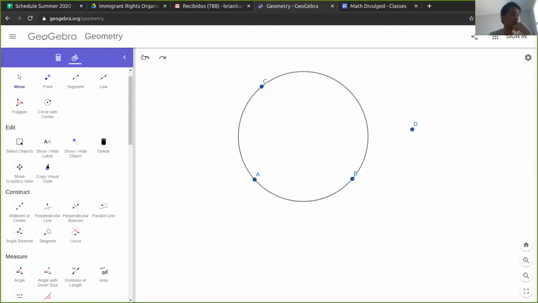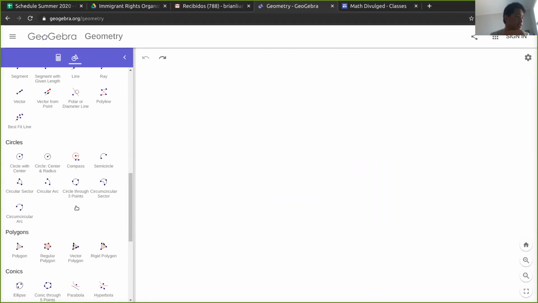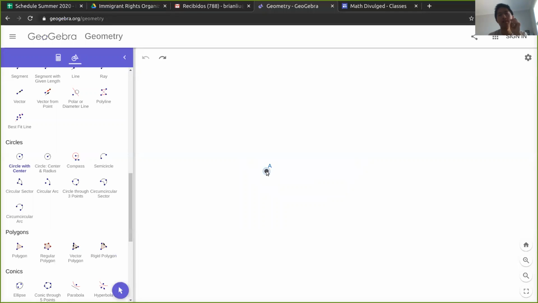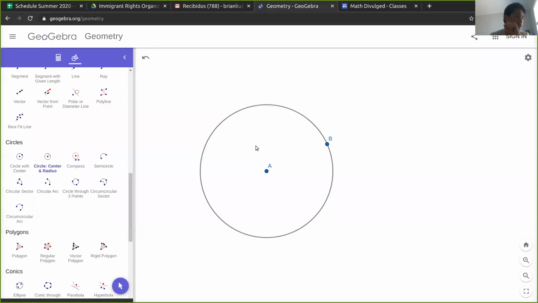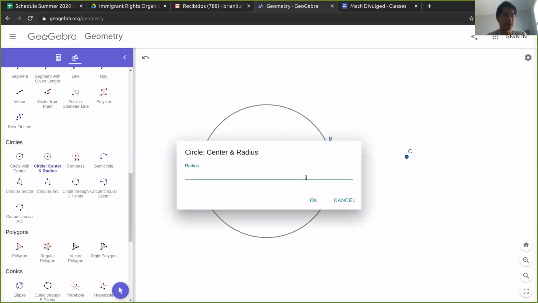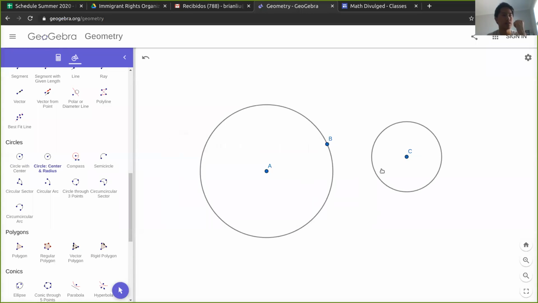Another property of circles, which y'all pointed out, is that it can actually be determined by 2 points, but those 2 points are not 2 points on the circle, but its center and any point on the circle. Or you can specify a center and a radius, say 2, and it'll pop out a circle.